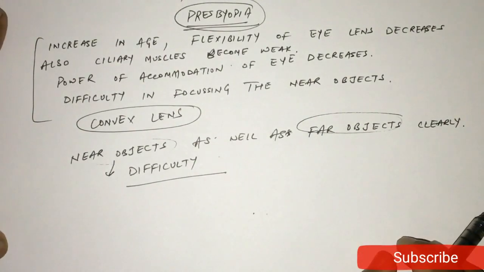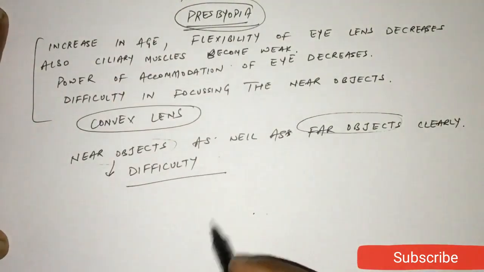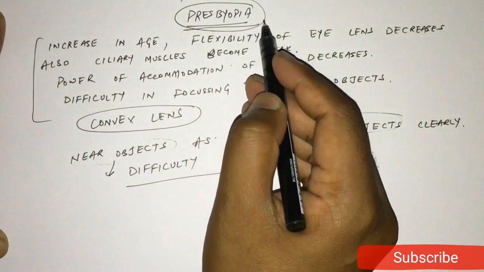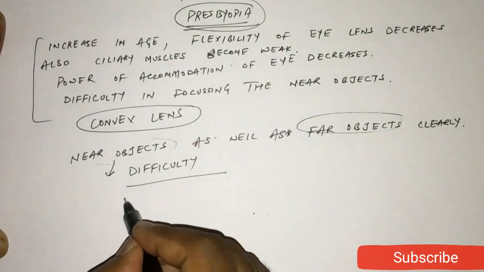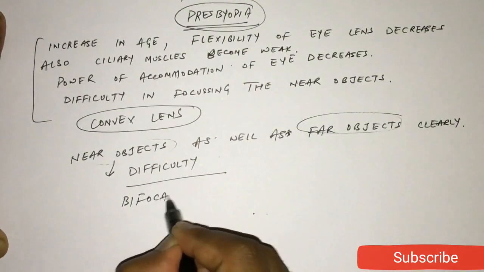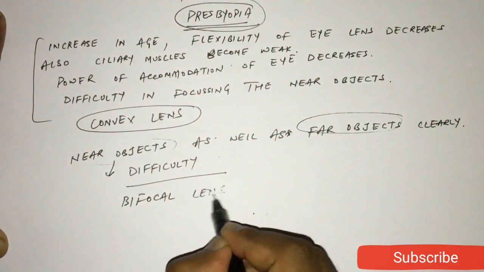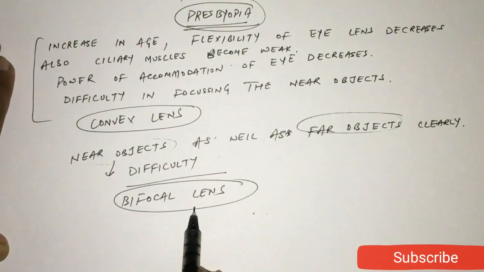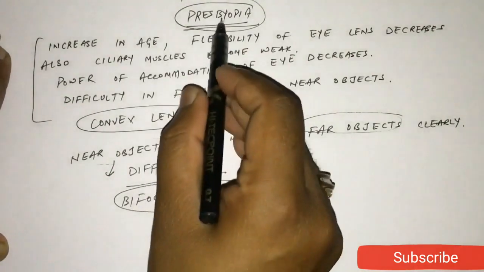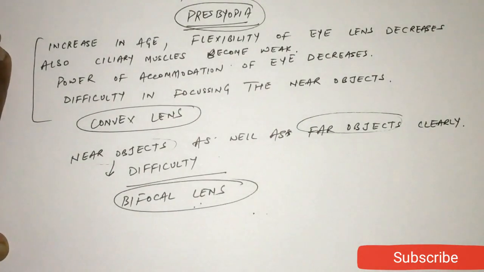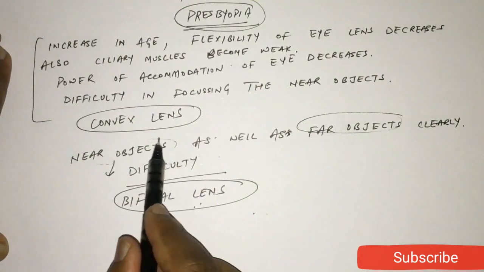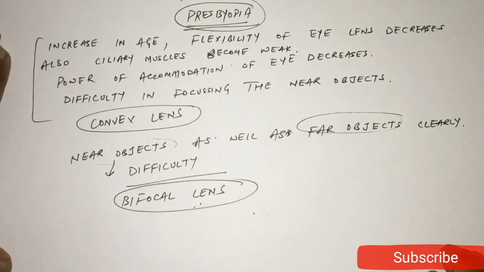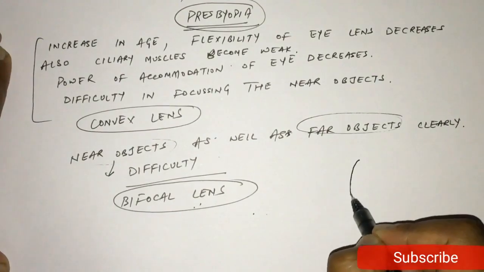So this is also known as presbyopia. In this case, the person with presbyopia uses bifocal lens. So bifocal lens is used in correcting presbyopia if the person finds difficulty in focusing near as well as far objects.